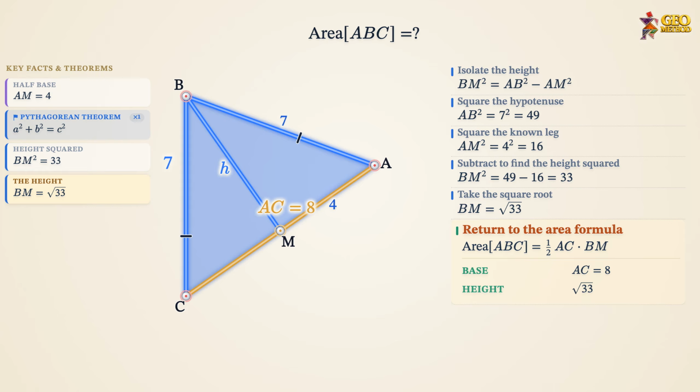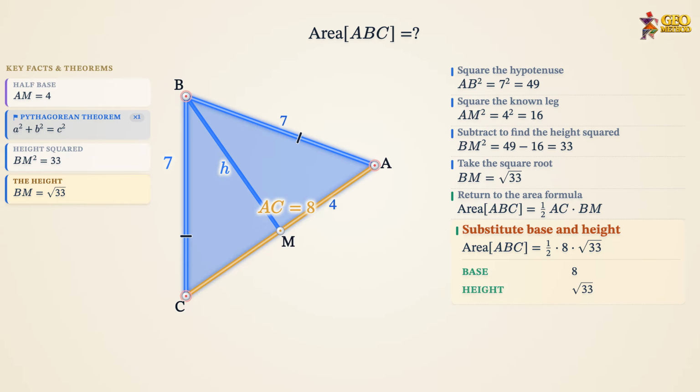Now go back to the whole triangle, ABC. Its area is 1/2 the base segment AC times the height segment BM, and at last both of those quantities are known. Put the base 8 and the height square root of 33 into the formula.